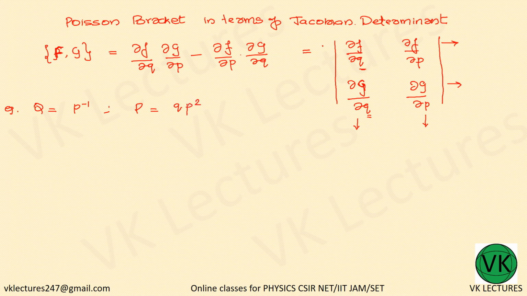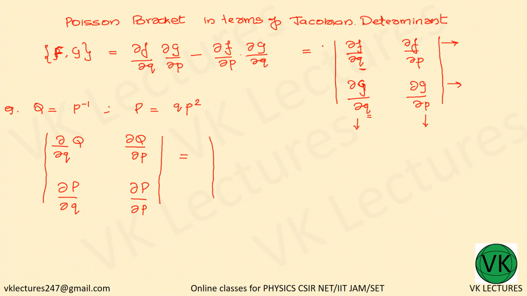Now let's write the Jacobian determinant here: dou capital Q by dou q, dou capital Q by dou p, and here we have dou capital P by dou q, dou capital P by dou p. So this is the Jacobian.